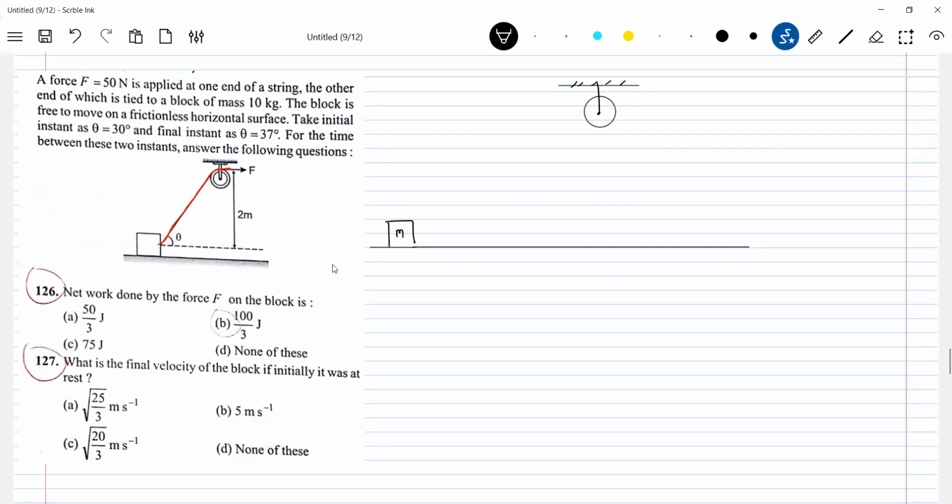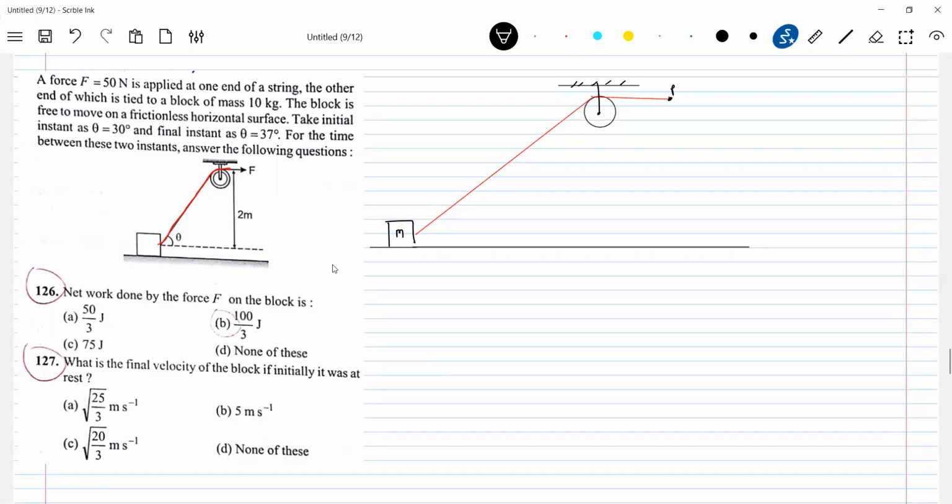There's a rope. There's a point P on the rope where I'll apply force.